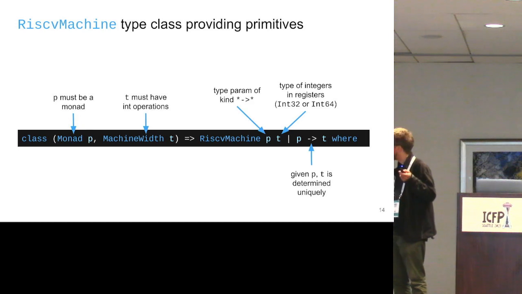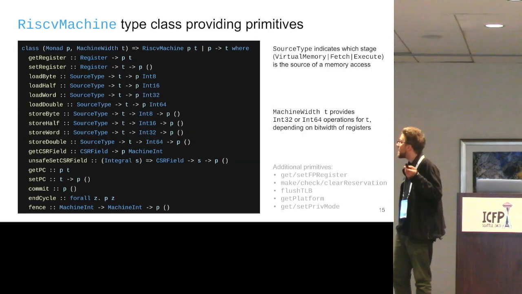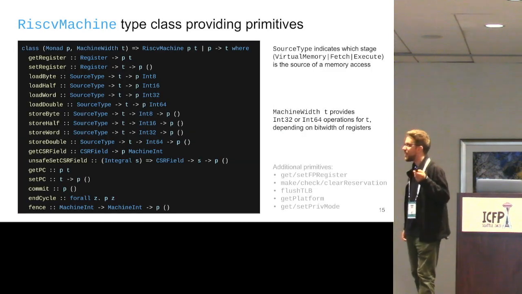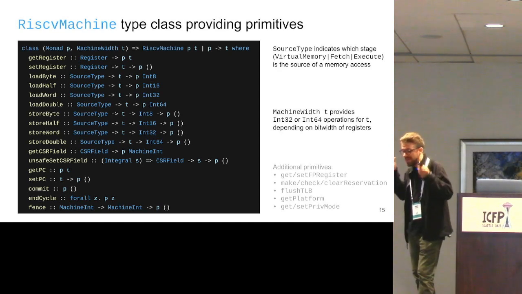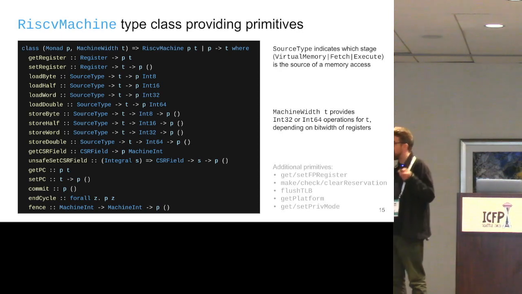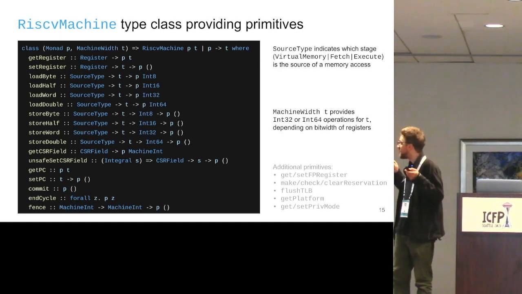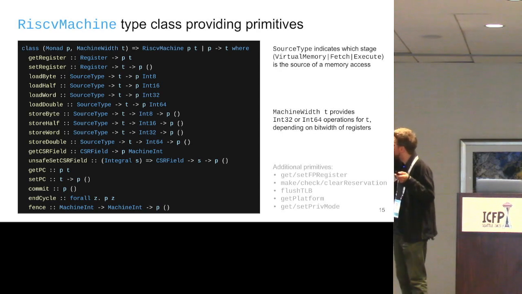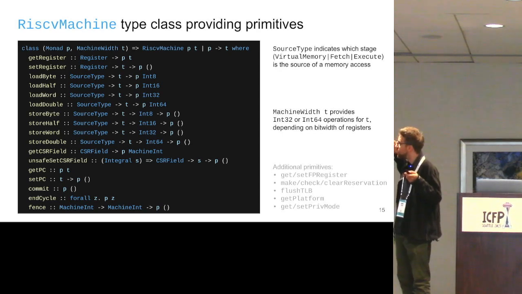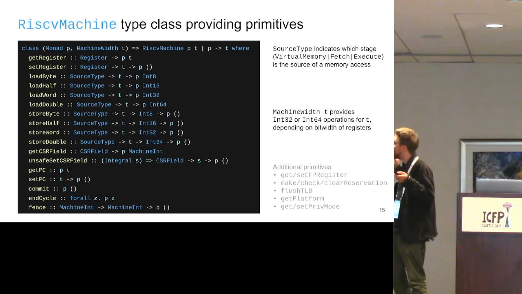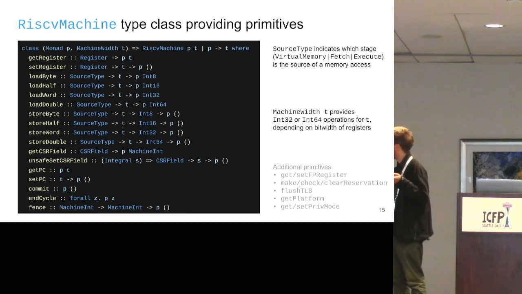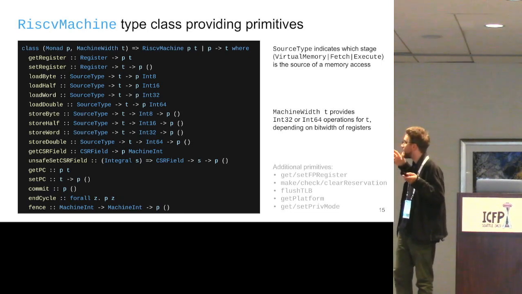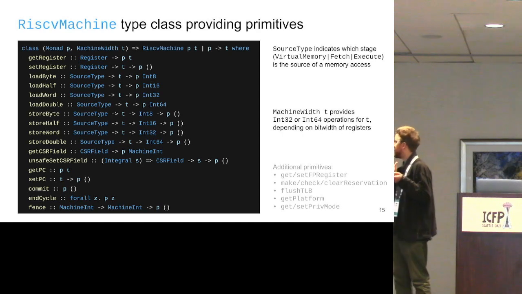And here's a little functional dependency for those who like it. This is the list of primitives that we need to express the specification of RISC-V instructions. You can see what they are about: setting and getting a register, loading and storing 1, 2, 4, or 8 bytes from and to memory, and getting and setting the PC, and a few more of them.